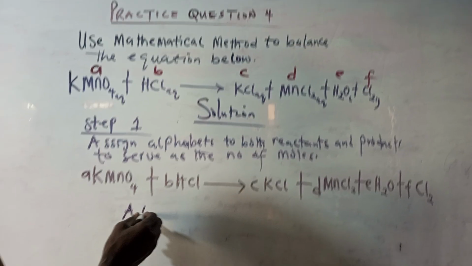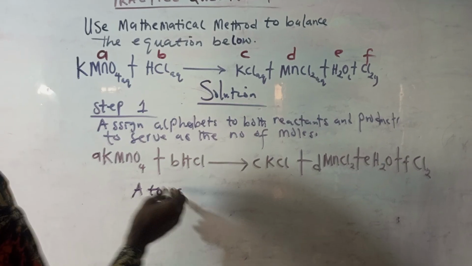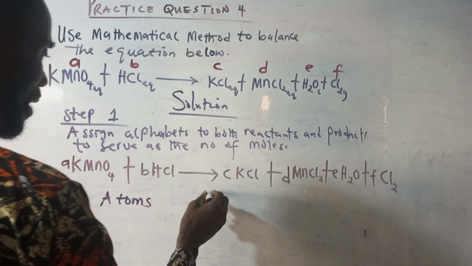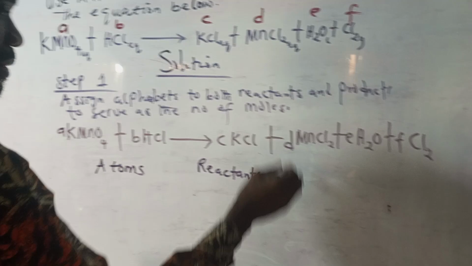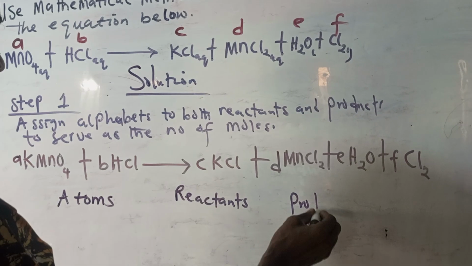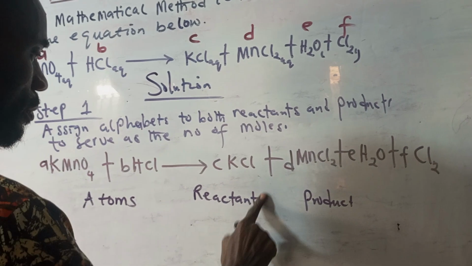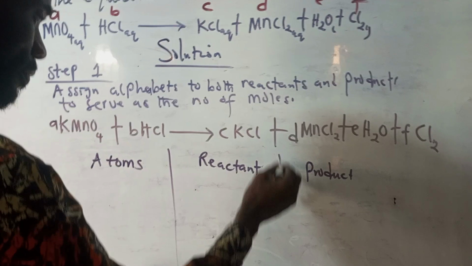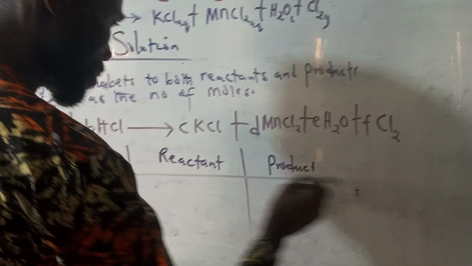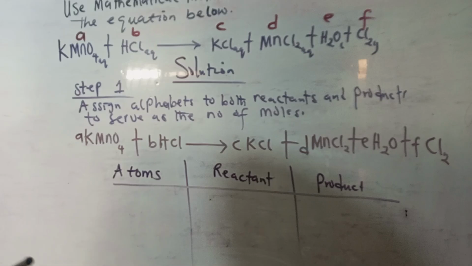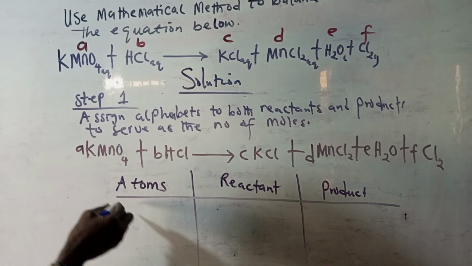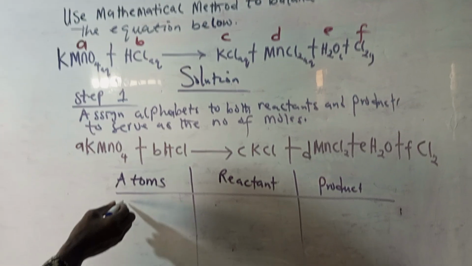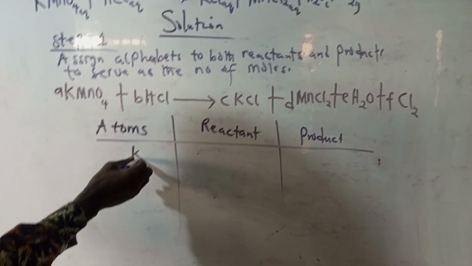The atoms that are present in the reactants and in the products. So we have this now. The atoms present in this particular reaction: the first atom here is potassium.